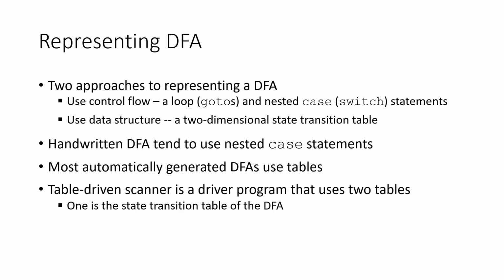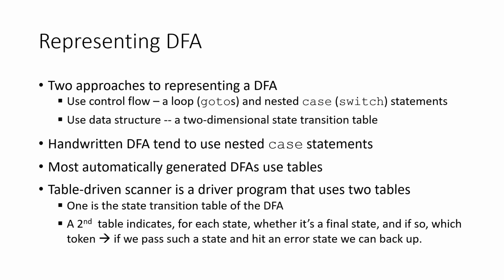A table-driven scanner is a driver program that uses two tables. One is the state transition table of the DFA, and the second table indicates for each state whether it's a final state. That is, we might be at the end of a token.